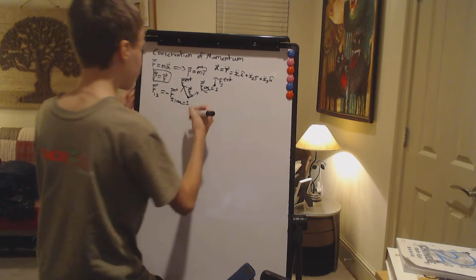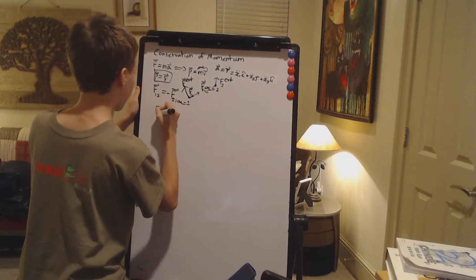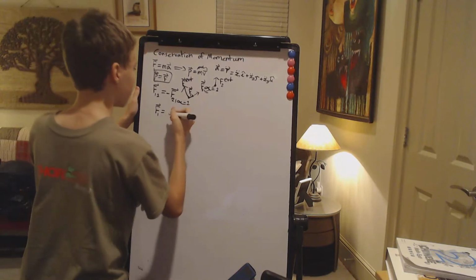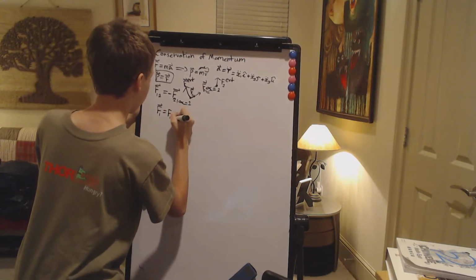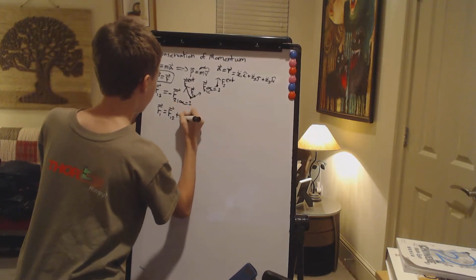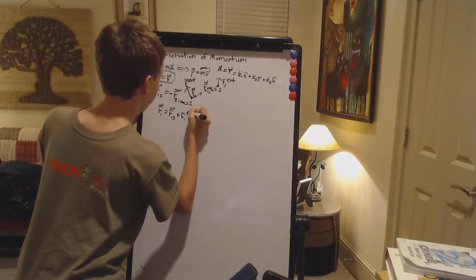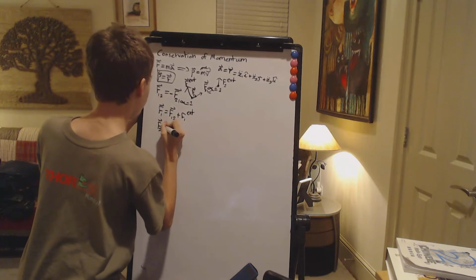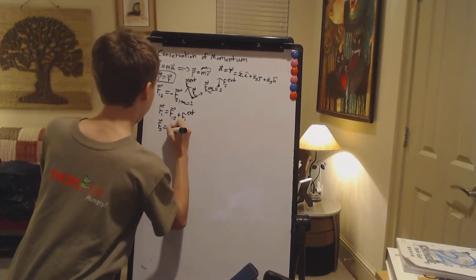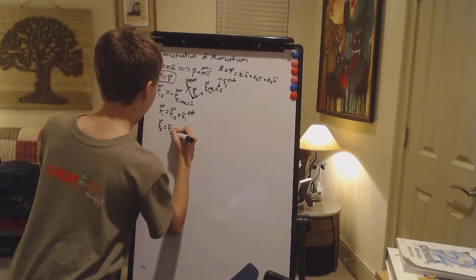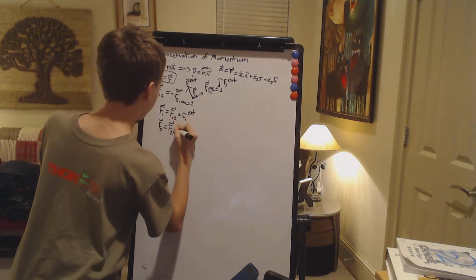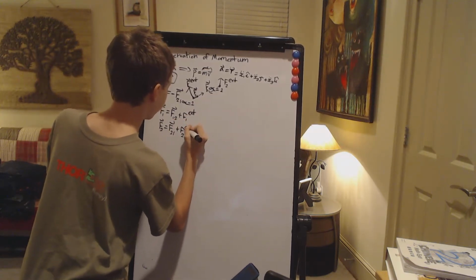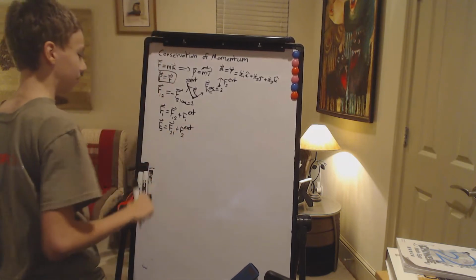Our F1, the force on our first particle, is just going to be the force on 1 due to 2 plus the external forces on 1. And the total force on particle 2 is just going to be the force on 2 due to 1 plus the external forces on 2.